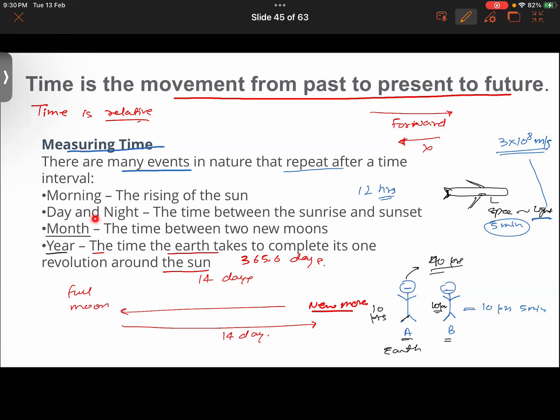The day is the time span between sunrise and sunset. Similarly, night is the time span between sunset and sunrise. That is what night basically is in terms of time.